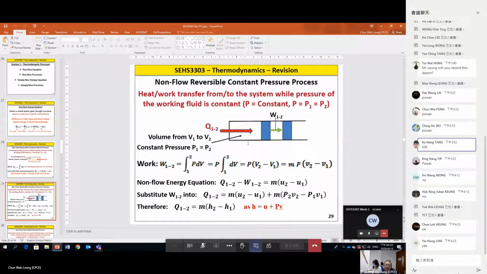V1 is this one, V2 is this one. However, the pressure is kept constant throughout. So we also apply the non-flow equation, Q12 minus W12 equal m times (U2 minus U1).